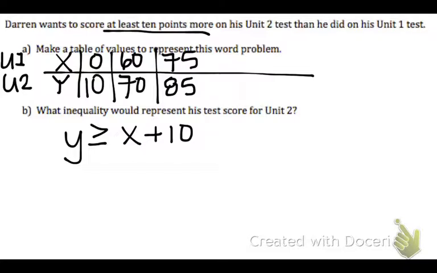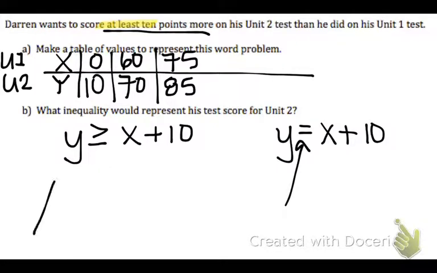Okay, so here what we're focusing on is that it was not y equals x plus 10. He didn't want to get exactly 10 more. He wants to get at least 10 more, meaning what he gets on Unit 2, he wants it to be better than, let me get a red pen out here so we can show that.